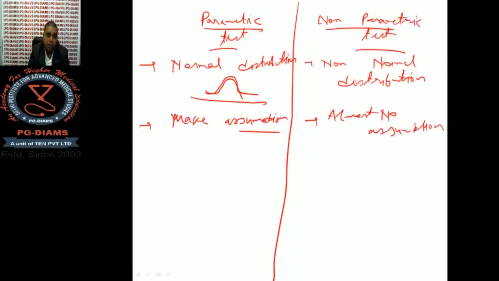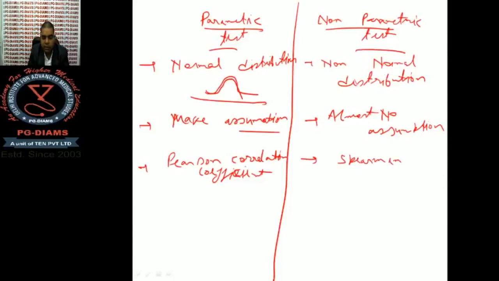The correlation coefficient in parametric test is Pearson correlation coefficient. And in non-parametric test, you have Spearman correlation coefficient. Okay?